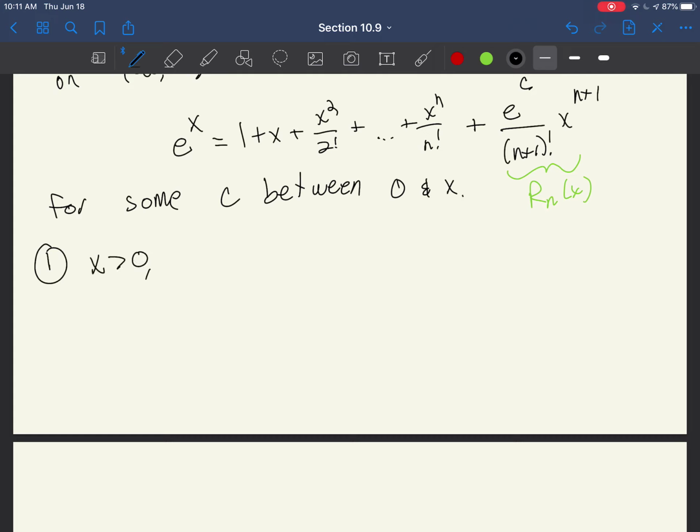So we consider three cases. First, what happens if x is greater than 0? If x is greater than 0, then c has to also be greater than 0. It's sandwiched between 0 and x.